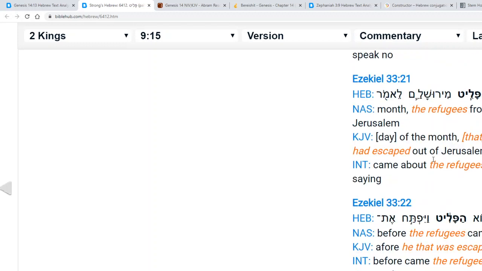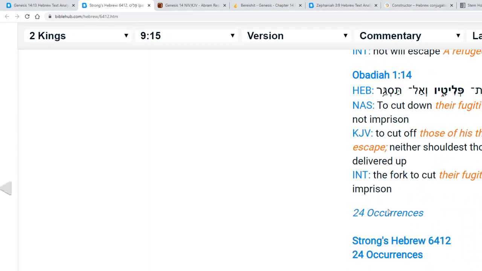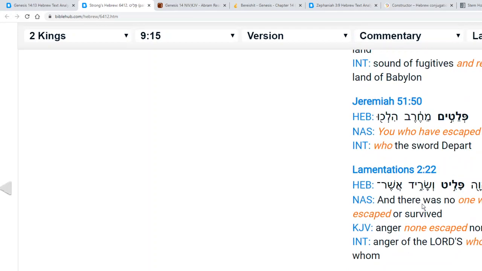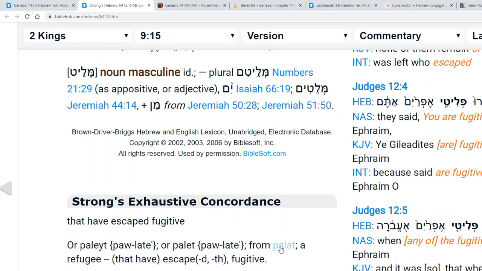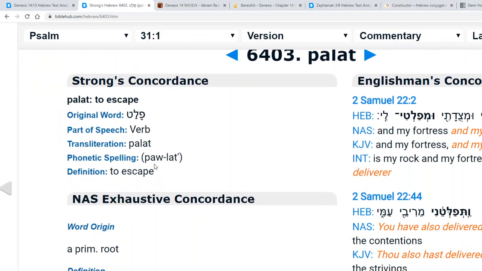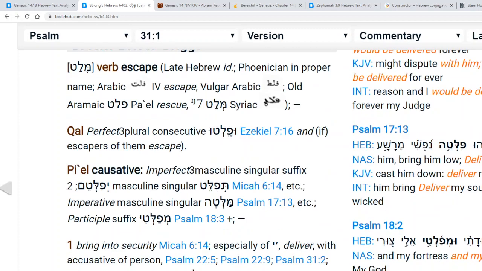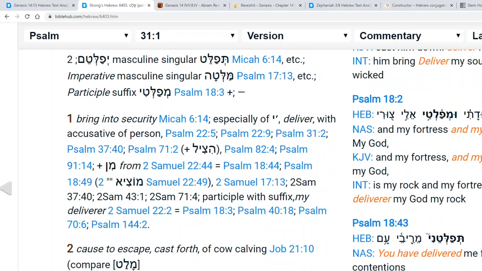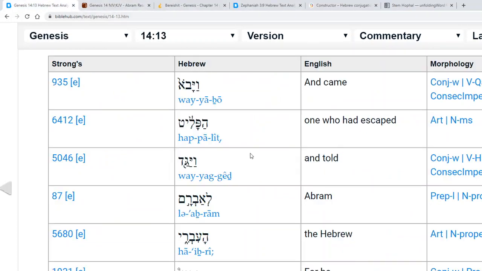Plite, plitim, right? And I think the root also shows up, pleta, right? So 24 occurrences of that. From palat, and if you look at the verb, palat is to escape, or deliver. You can look at that root if you like. It's pe lamed tet.